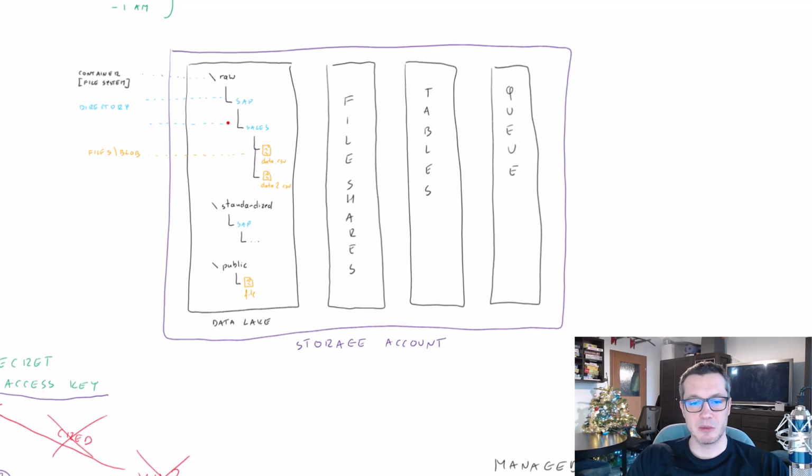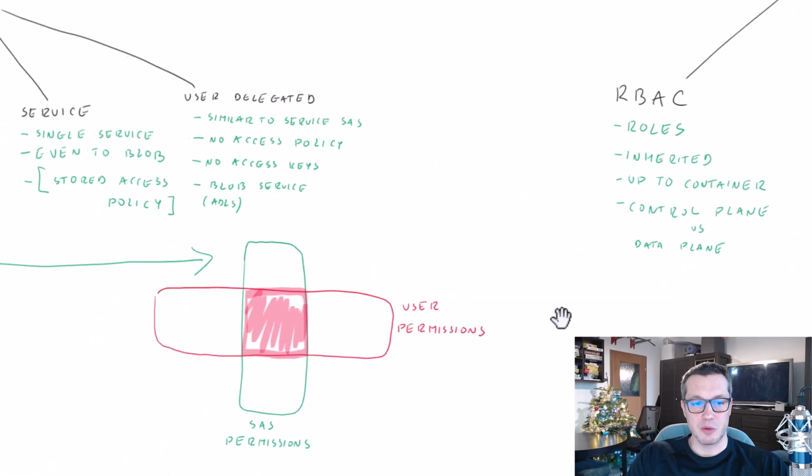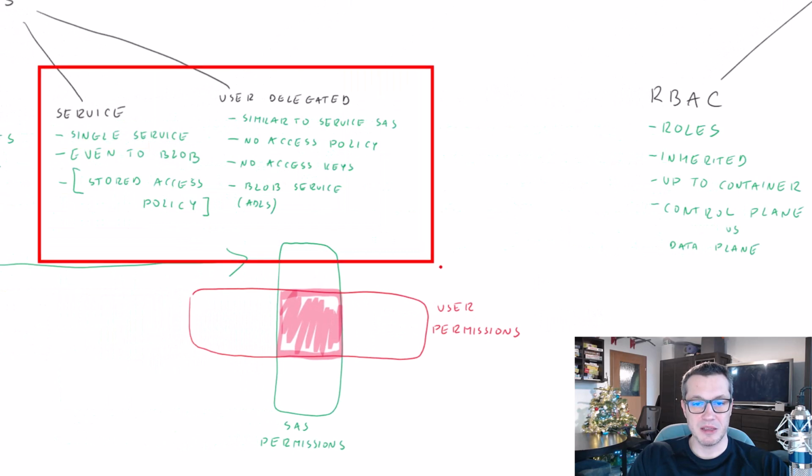But if you would like to grant someone access to a specific directory, like this sales one, well, that's not possible. The same if you wanted to grant someone access to a specific file. Again, that's not possible. You should remember that we were able to grant such granular access in case of shared access signatures, these two, service ones and user delegated ones, because here we were able to specify it even at the file level, so the most granular way that exists.